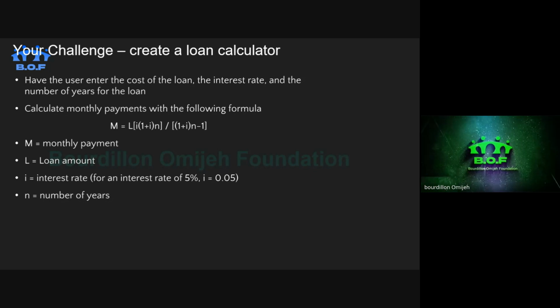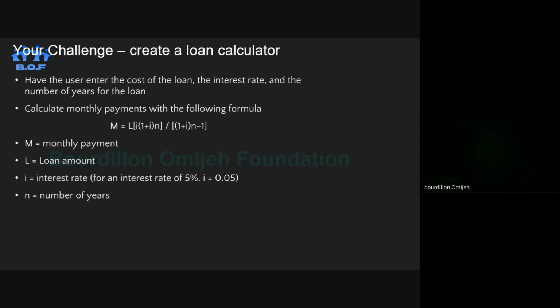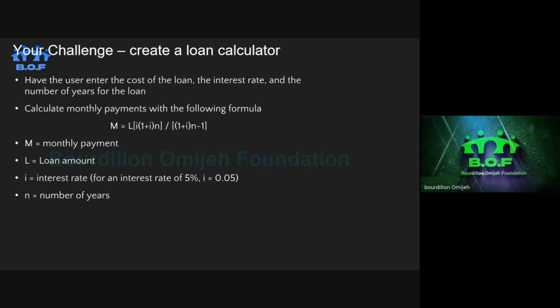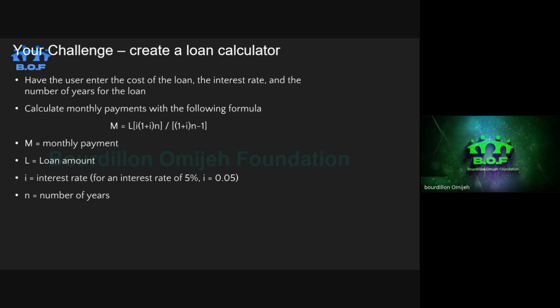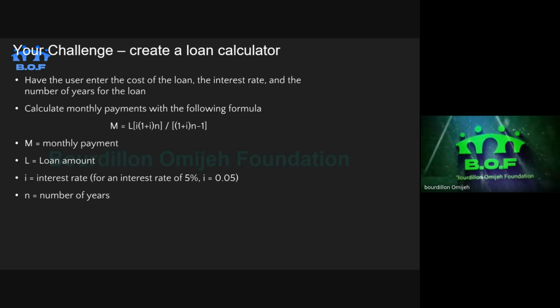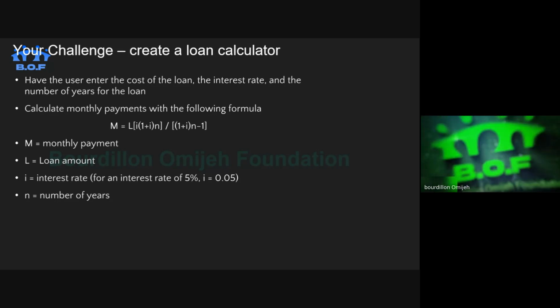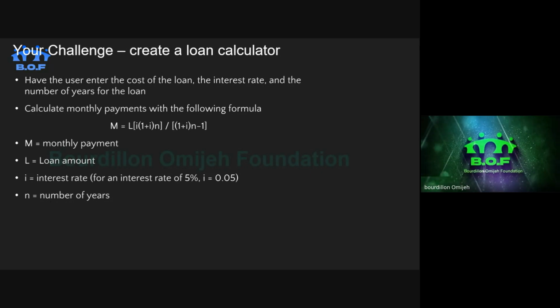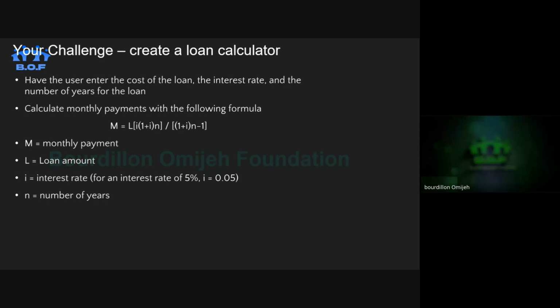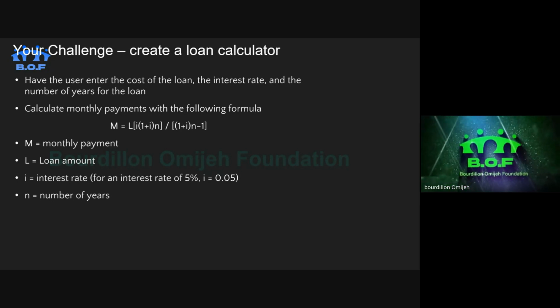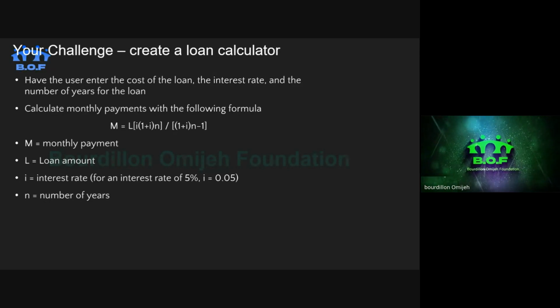So let's look at this as a real world problem. You have a loan company that gives out loans, and they want to calculate the monthly payments of their customers. Or maybe you took a loan from a bank and you want to calculate your monthly payment for that loan. This is how we do it. This simple task is for us to demonstrate the concept of operators and how they work in Python.